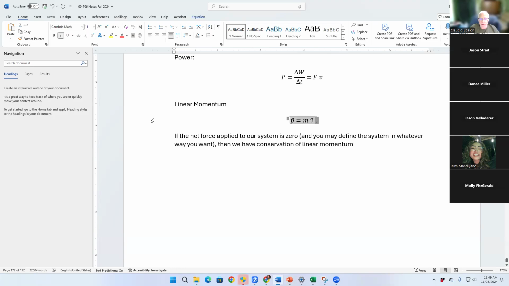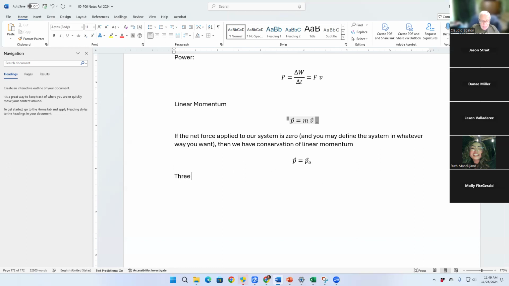Okay, and conservation of linear momentum means final momentum is equal to initial momentum, right?